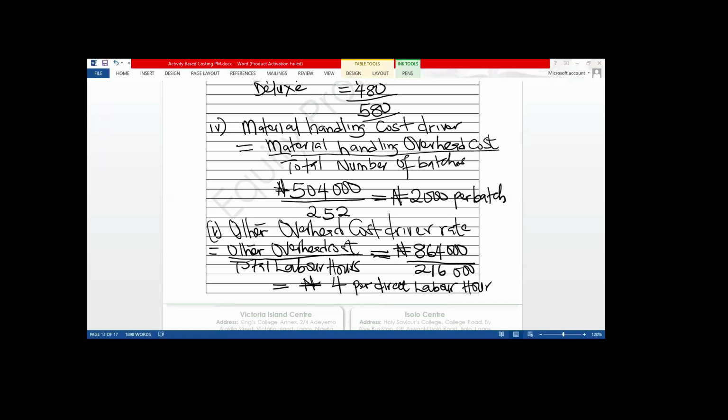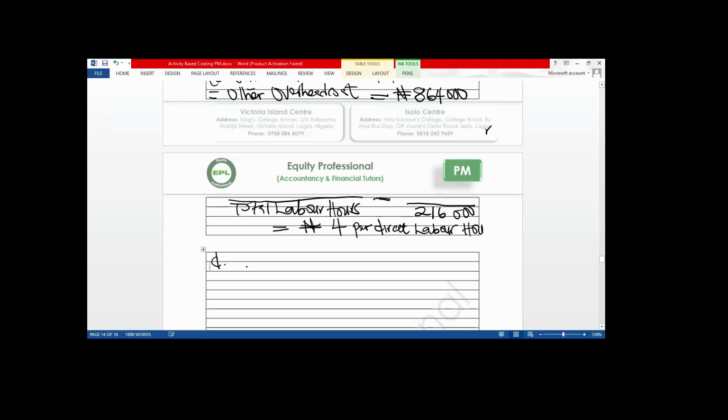Examiner says compute the overhead rate per unit of each product using activity-based costing.